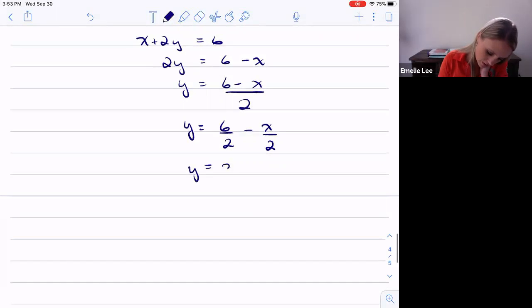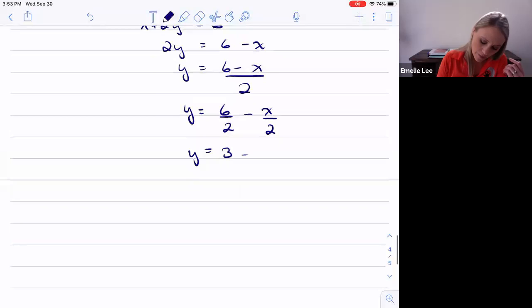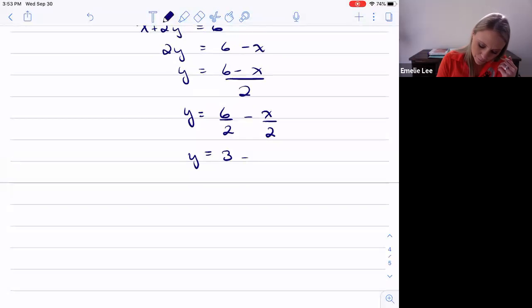So y is going to be 3 minus, and then if we want to have it in the same form, mx plus b, or in this case, b minus mx, or b plus mx, you could write 3 minus 1/2 x.